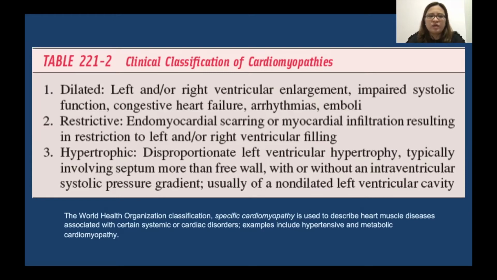For hypertrophic cardiomyopathy, there is a disproportionate left ventricular hypertrophy which typically involves the interventricular septum more than the free wall of the ventricle, with or without an intraventricular systolic pressure gradient. And usually, the left ventricular cavity is not dilated. So this is based on the World Health Organization classification of specific cardiomyopathies.